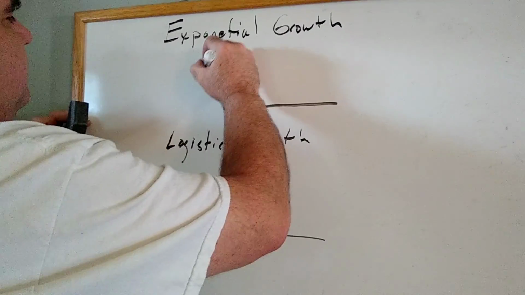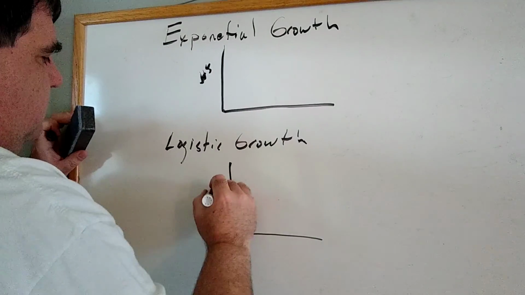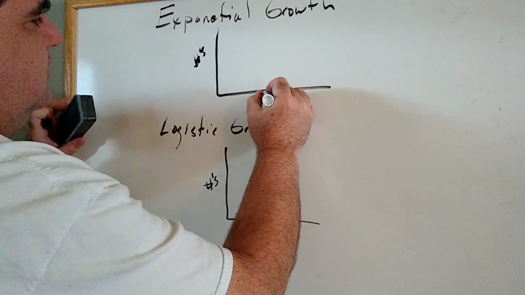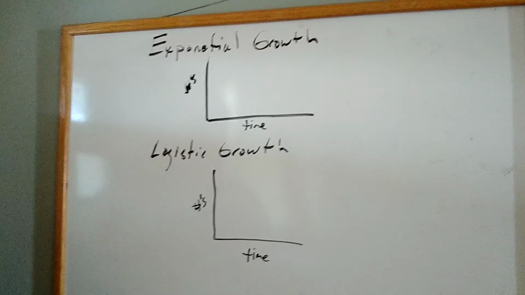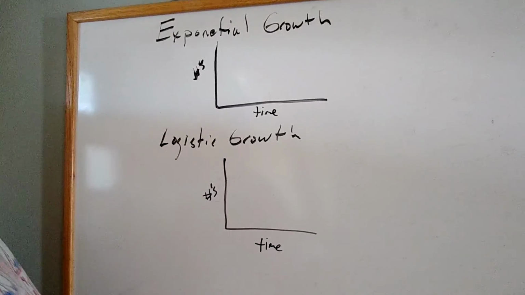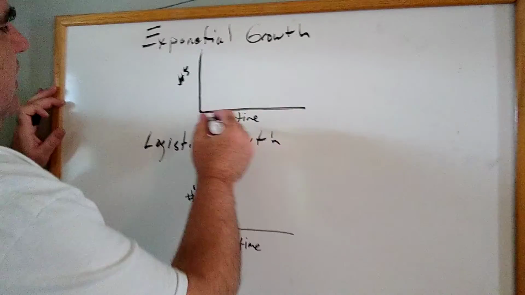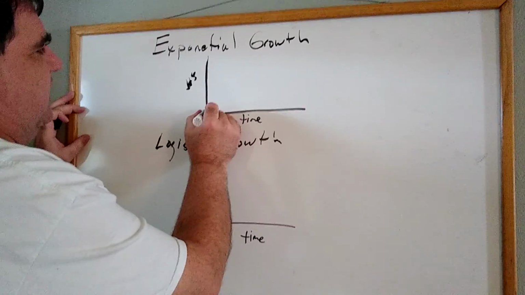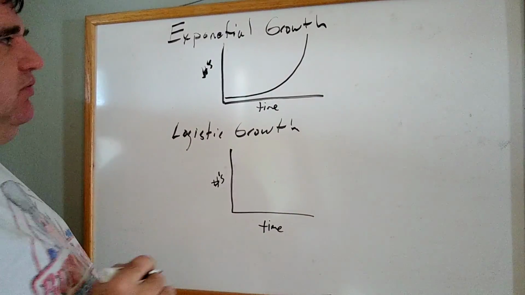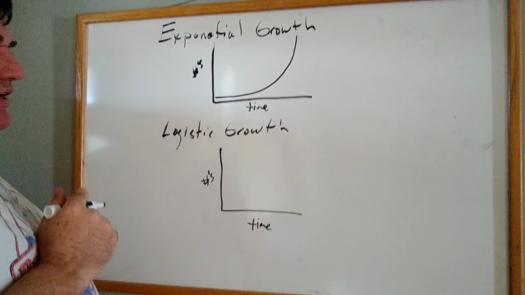Up here is going to be our numbers of organisms, and down here is going to be time. Just time. So, we kept hearing about this coronavirus thing and talking about stopping the exponential growth. In exponential growth, we see what's called a J curve. This is when there's unlimited resources and that population can take off.